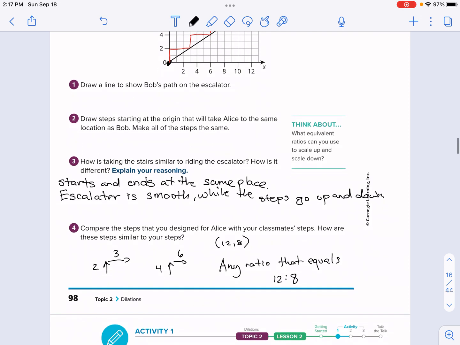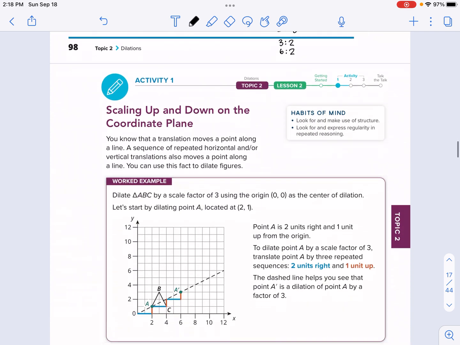Meaning, if I can simplify this, we can say a 3:2 ratio right here. We can also say a 6:2 ratio. They're all equivalent, and we can simplify the first one to be any one of these. Anyway, so that gives us a little bit of an introduction to paths that we talked about last week. But let's go to the next page, 99, for activity 1.